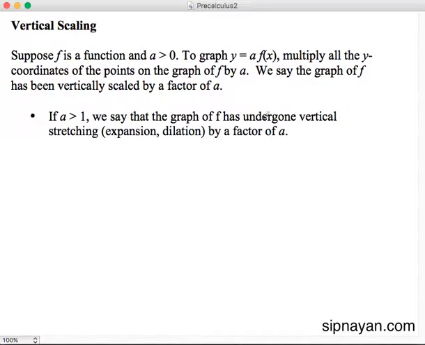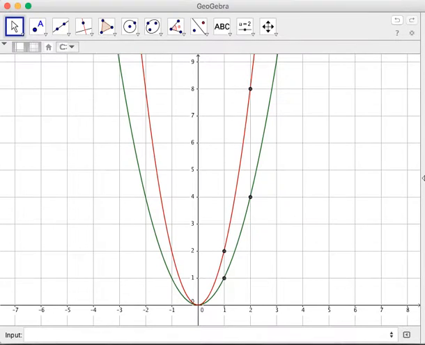So lahat, ano sabi niya? Multiply all the y coordinates of the points on the graph of f. So lahat ng points dun sa graph of f, this is our f, i-multiply natin yung y coordinates nila. Anong y coordinate nito? 4, di ba? Multiply by 2, maging 8. So yun yung corresponding point niya. Lahat ng points dito, minumultiply yung y coordinate niya by 2, and then saka siya pinaplatot sa taas.